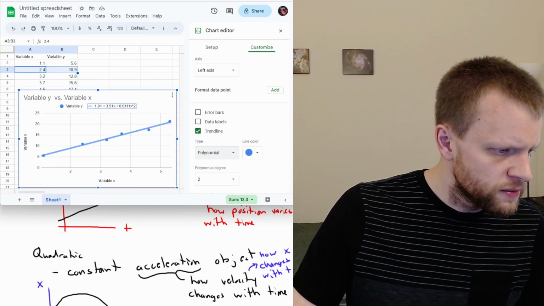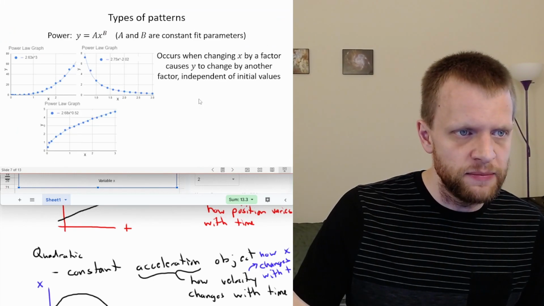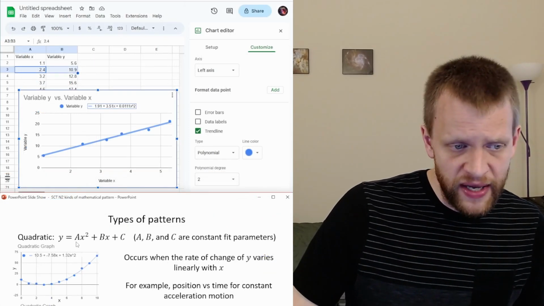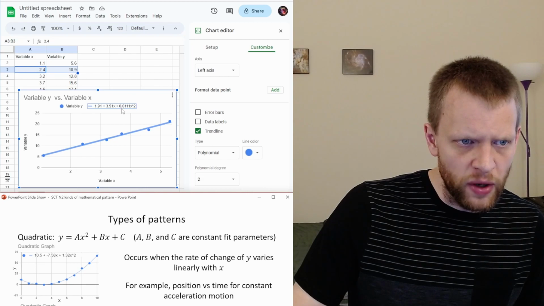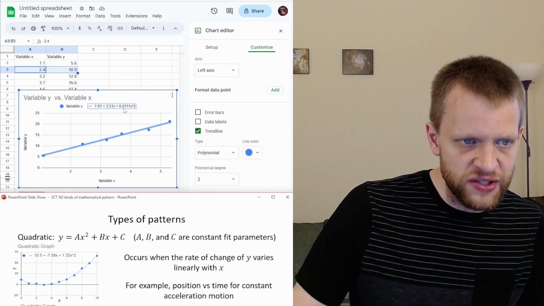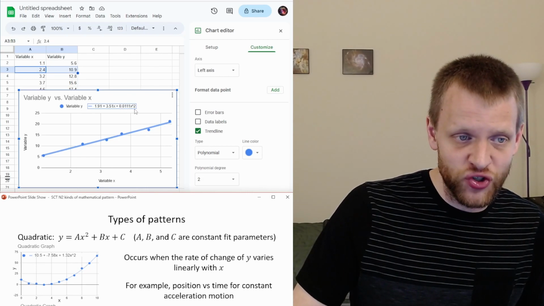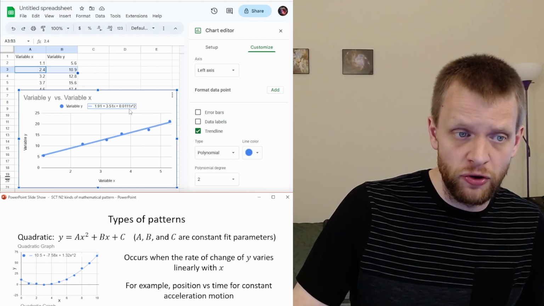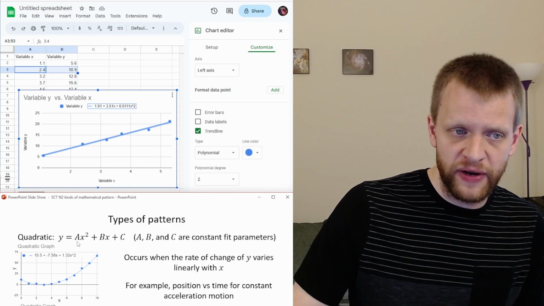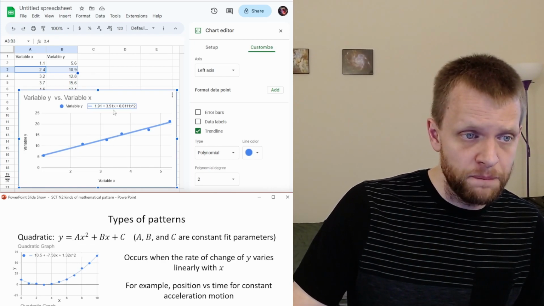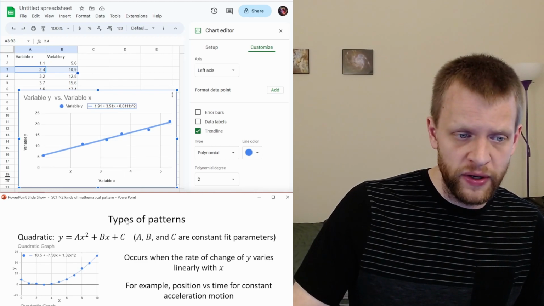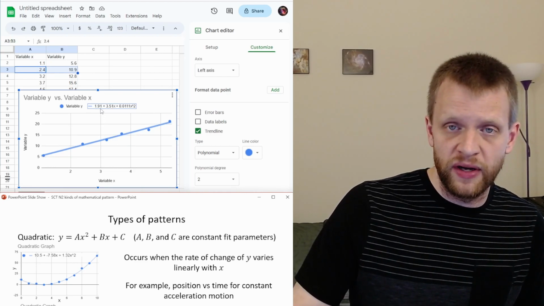Let me bring this up so we can see these side by side. So again, our capital A value on this would be this 0.0111 x squared. So the 0.0111 would be our value for capital A. Our value for B would be 3.51. Our value for C would be 1.91.